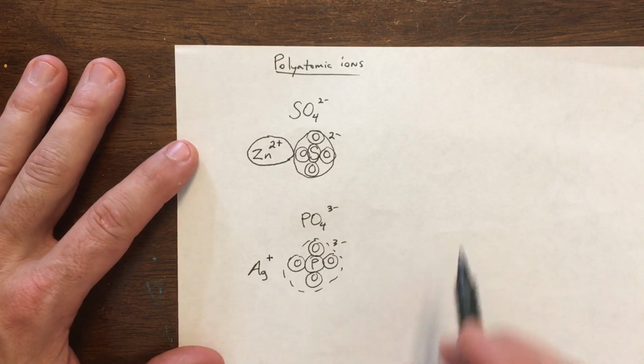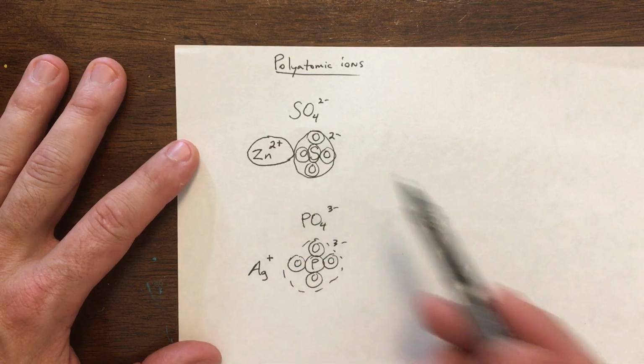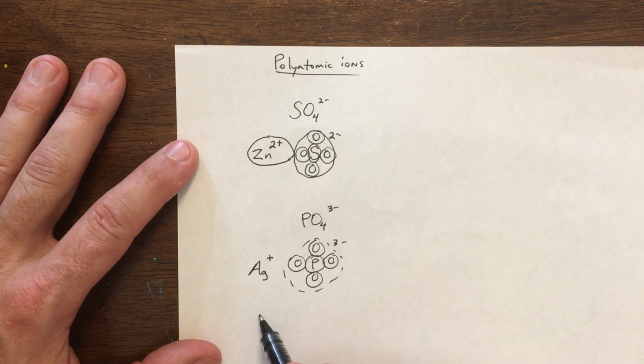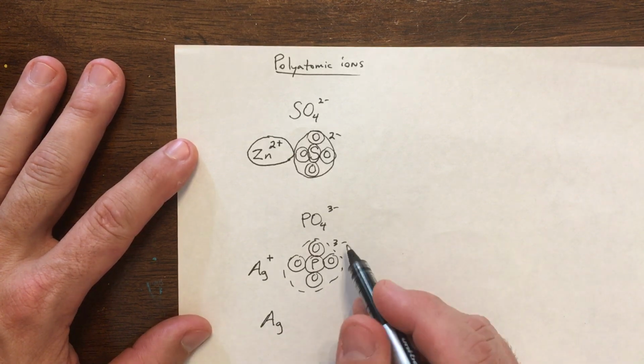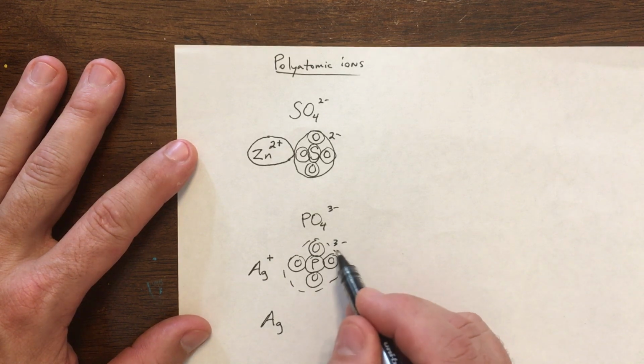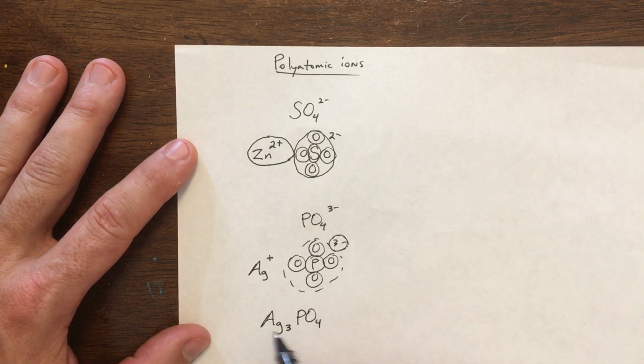So in this case, you wouldn't have a 1-to-1 ratio like you did with 1 zinc for every 1 sulfate. You would need 3 silvers. Where does the 3 come from? Just like the crisscross technique with binary ionic, you'd bring that 3 down to your number of silvers, and the 1 would come down for the phosphates. You'd have Ag3PO4, and that would be silver phosphate.